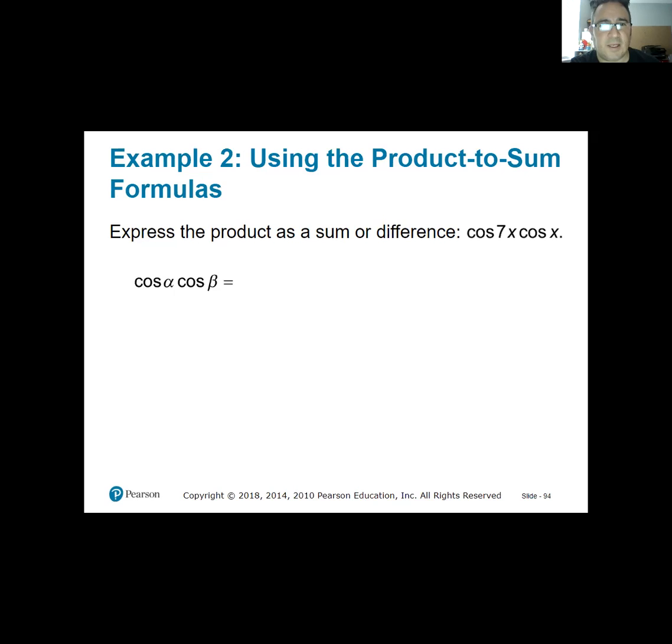Good job. Okay. So it's cosine of alpha, cosine of beta: 1/2 cosine of alpha minus beta plus cosine of alpha plus beta. Good job. And now alpha is what? 7x. Very good, Sarah. And beta is x. Okay. So you just substitute and simplify.